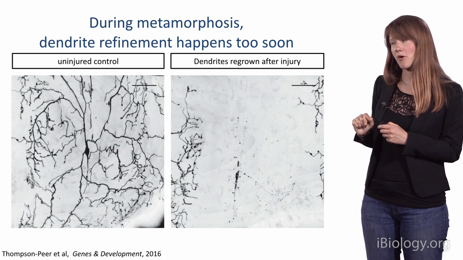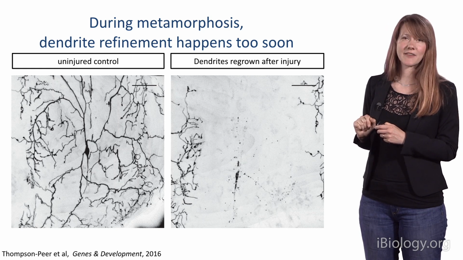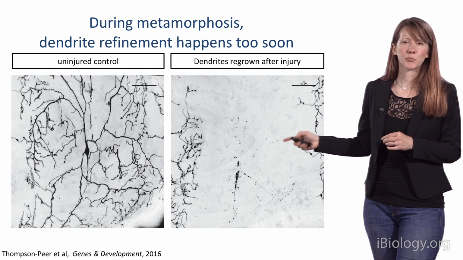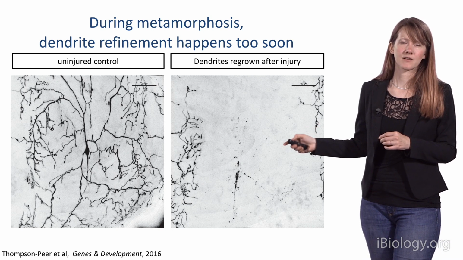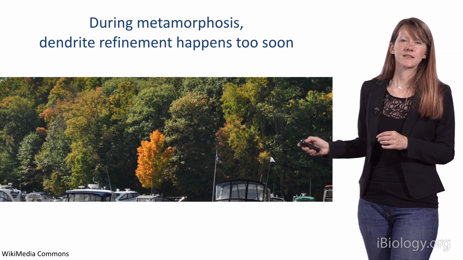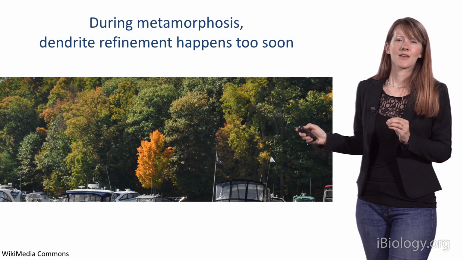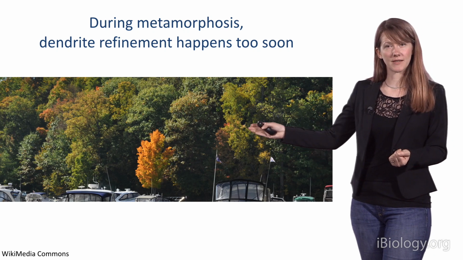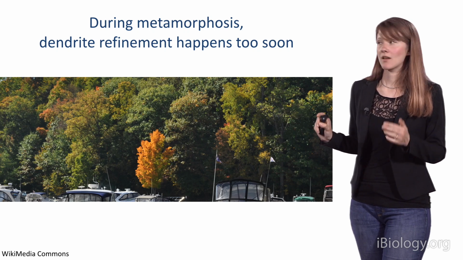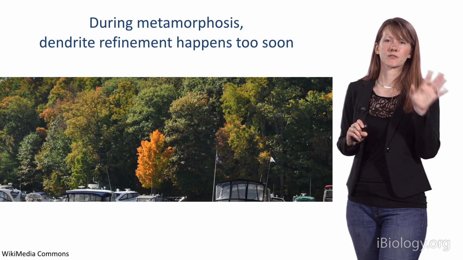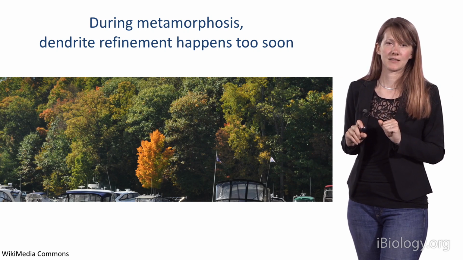When we look at the same point in development, 7 hours after metamorphosis began, they're a little bit ahead of the game. So this neuron has pruned away its dendrites far too early. That's a little bit like a tree that has to change its color in the fall. Most of the trees are going to wait until October to turn the glorious reds and yellows that you would expect to see.